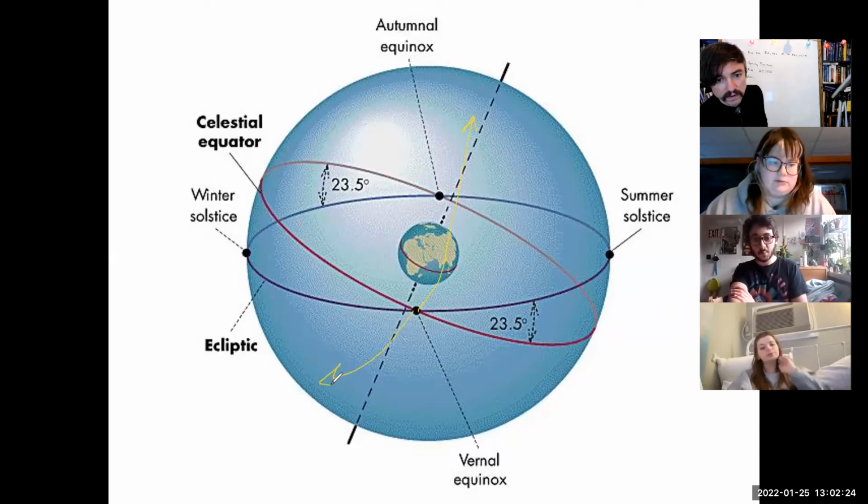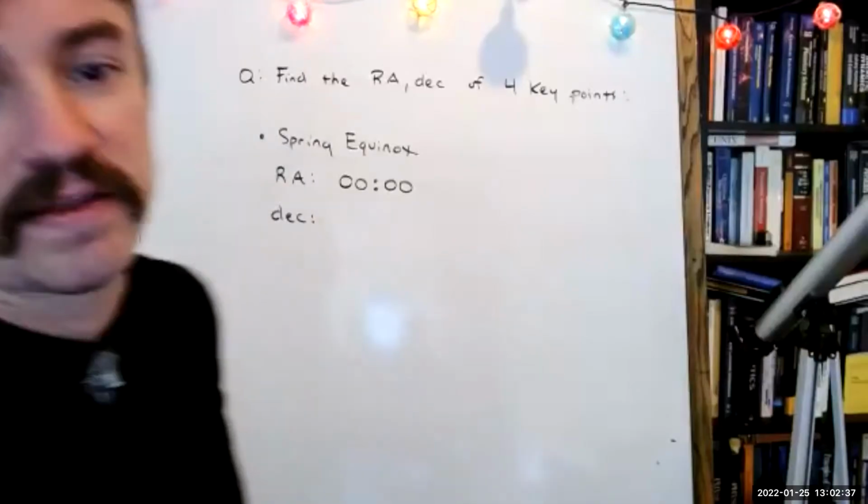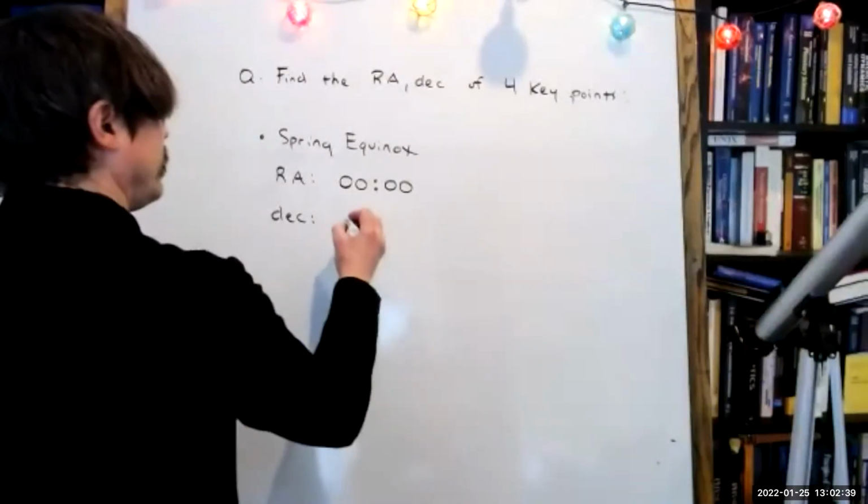Okay. So what should the declination of the spring equinox be? Noticing that the spring equinox is on the celestial equator, here shown in red. Would that be 0 degrees? All right, there we go.